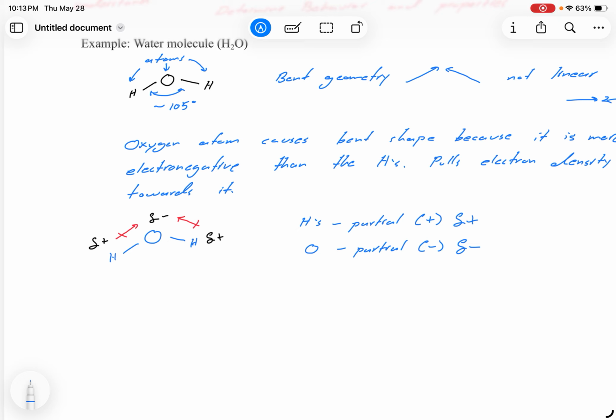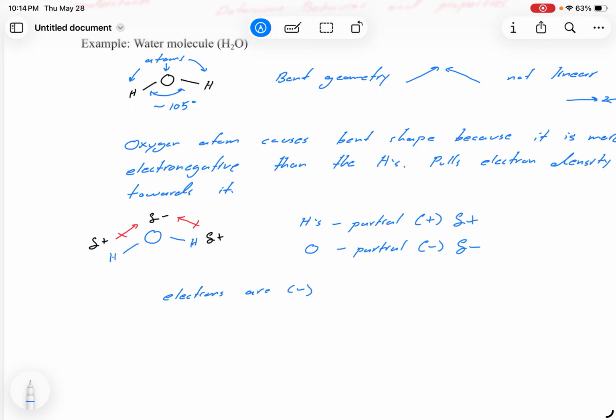The reason why we call them partial is because they don't have a full negative or positive charge. Since electrons are negative, the O, which is more electronegative, is going to pull electron density towards it. Therefore, there's going to be a higher concentration of negative electron density at the oxygen, making it more partial negative. And the hydrogens are going to have a lower concentration of electron density, making them partial positive.